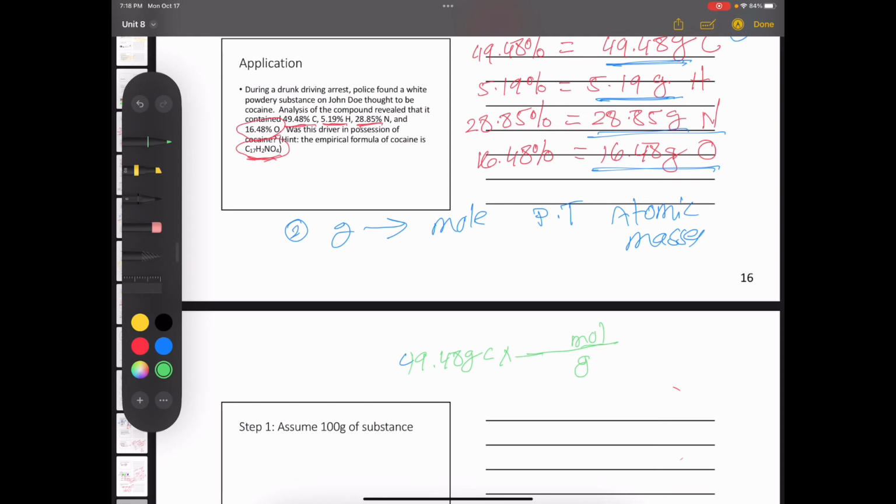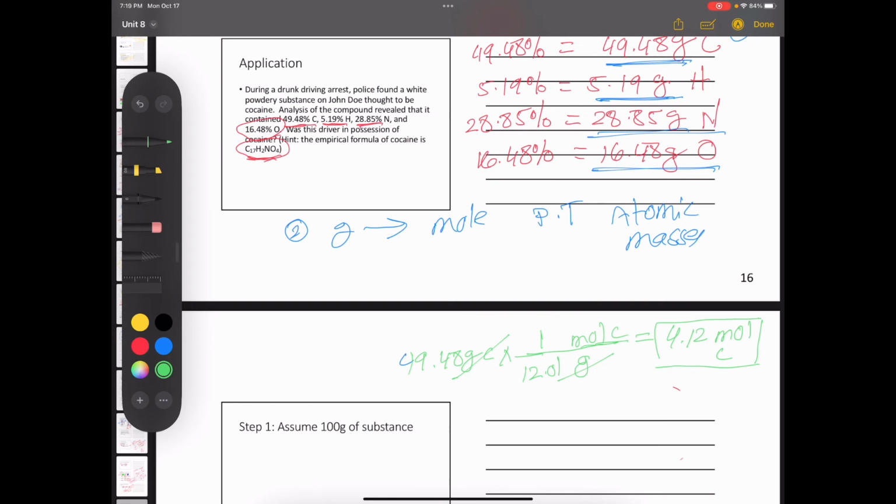If you look at the periodic table, every 1 mole of carbon equals 12.01 grams in mass. So grams cancel out with grams, and it'll be 49.48 divided by 12.01, and that would equal 4.12 moles of carbon. Put that in a box.